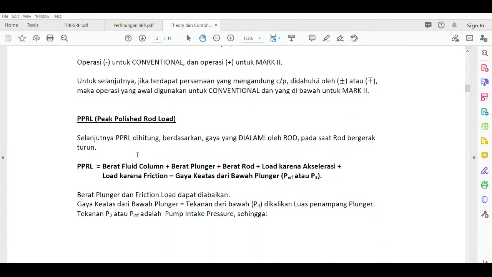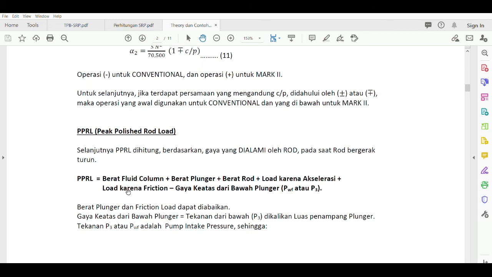And then the PPRL is the weight of the liquid column, the weight of the plunger, the weight of the rod, the load of acceleration, the load of friction, and then the force on the plunger moving up because of PWF, or P3.